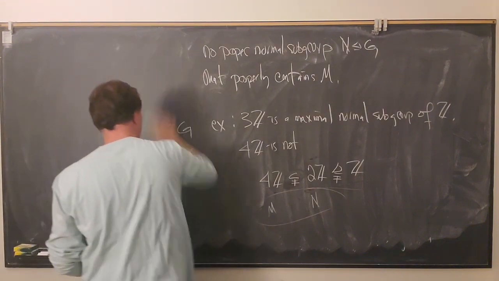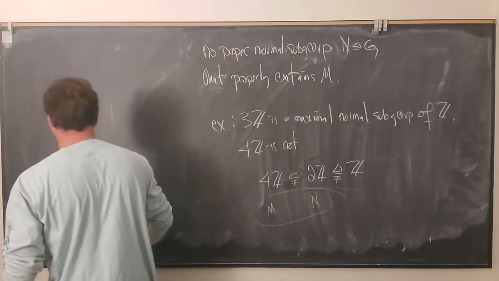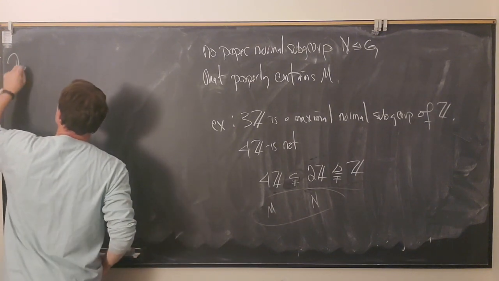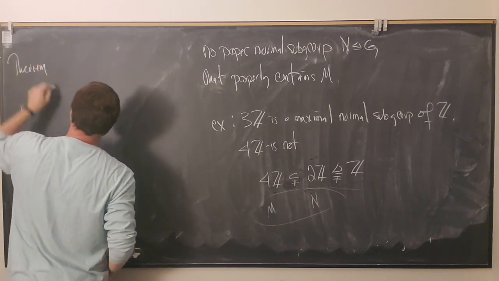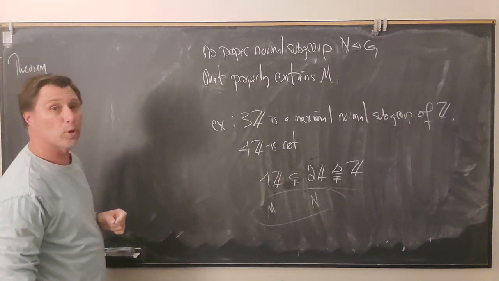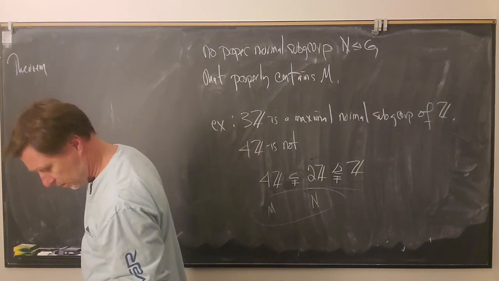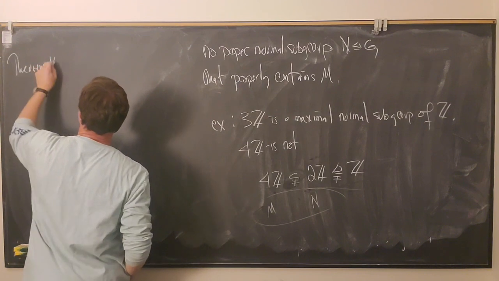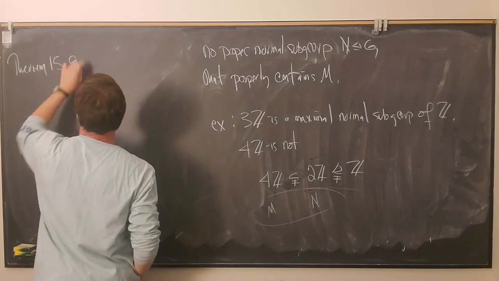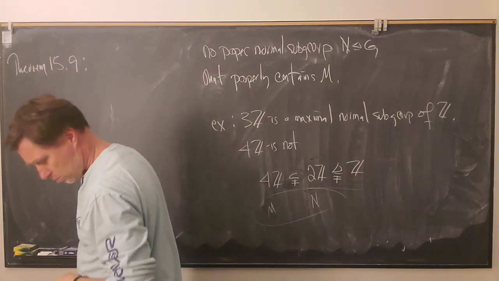Okay, so there's a definition, and it turns out that there's a connection between maximal normal subgroups and simple groups. So theorem, this is 15.9.